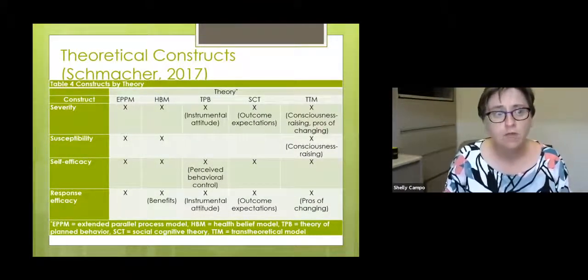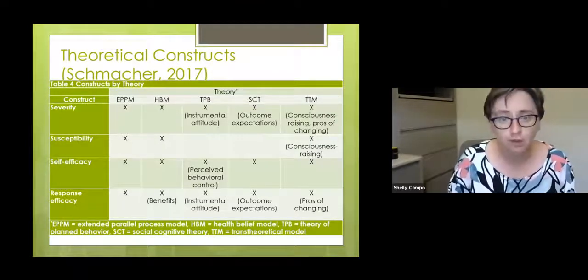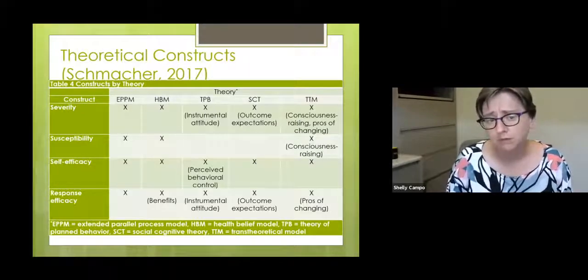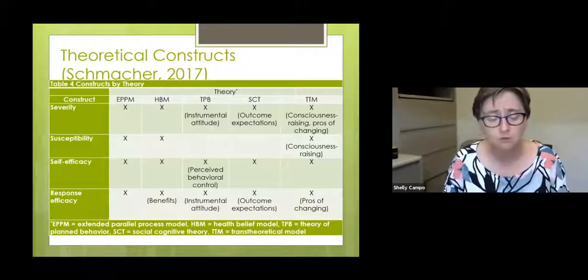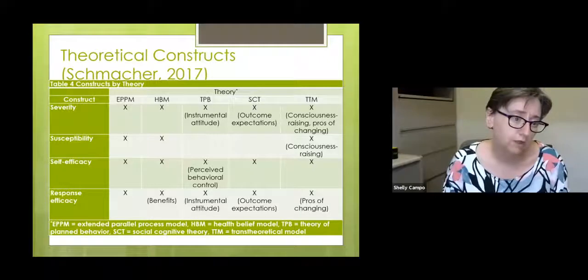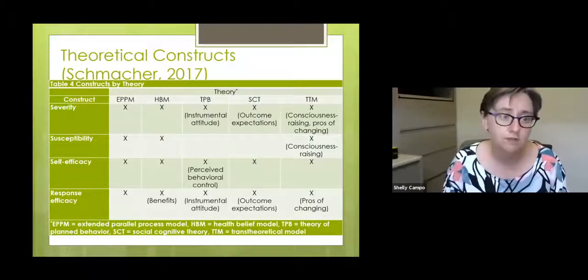So there are lots of theories, a number of which basically use those 4 variables. They're called different things in different theories, but those 4 ideas about severity, susceptibility, self-efficacy, and response efficacy are in a whole lot of behavioral models. So those are 4 ideas I think you should pay an awful lot of attention to.